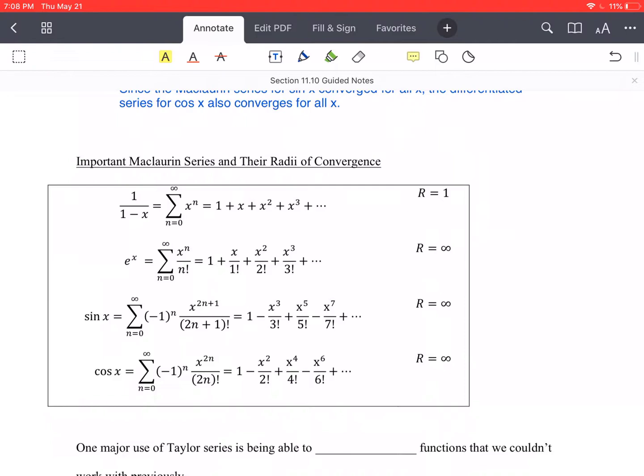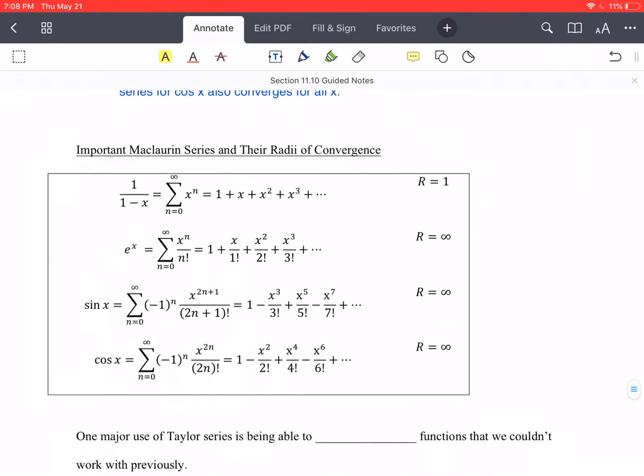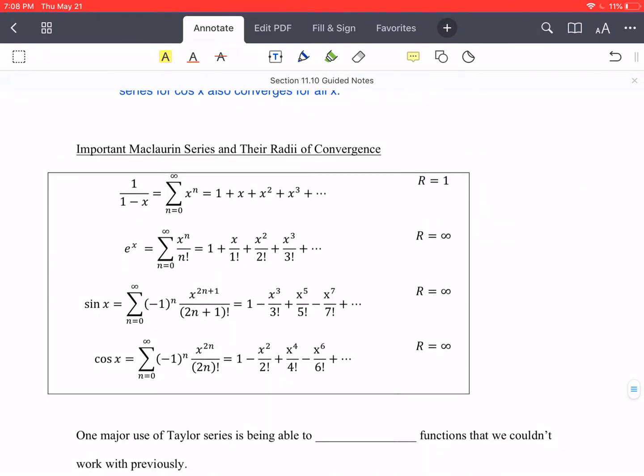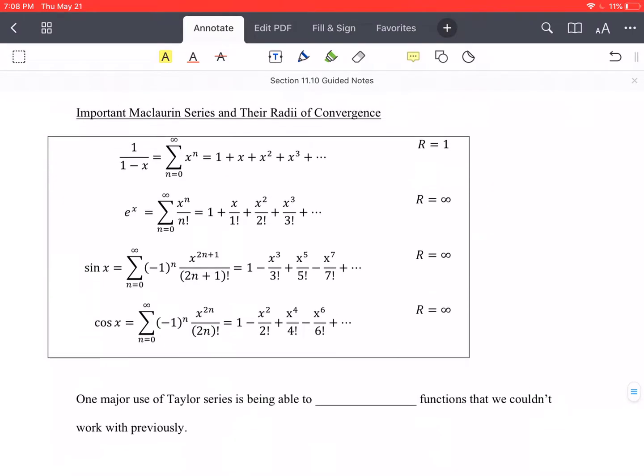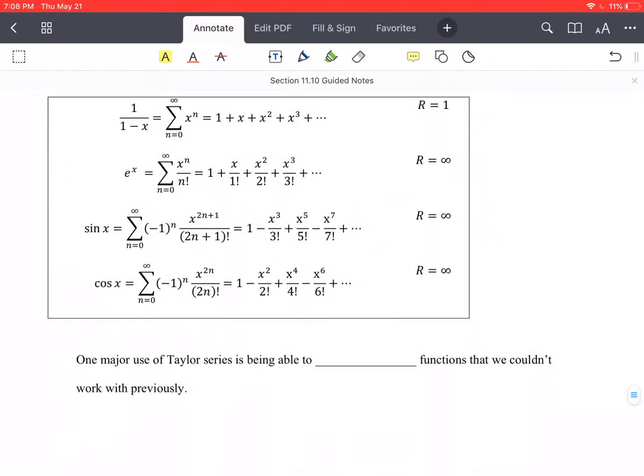So it gives their Maclaurin series and their radii of convergence. Okay, so with e to the x, sine, and cosine all having a radius of convergence of infinity. Now, one major use of Taylor series, the reason that we tie it into this discussion in Calculus 2, is to be able to integrate.